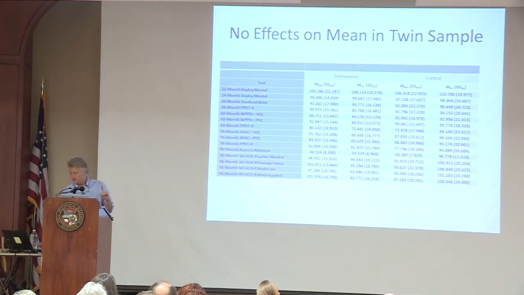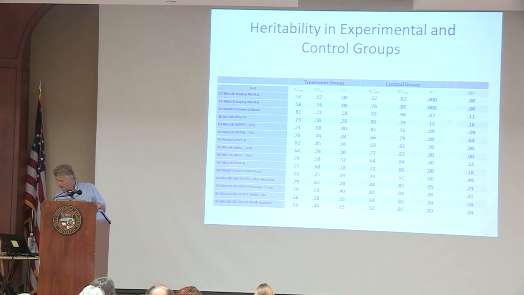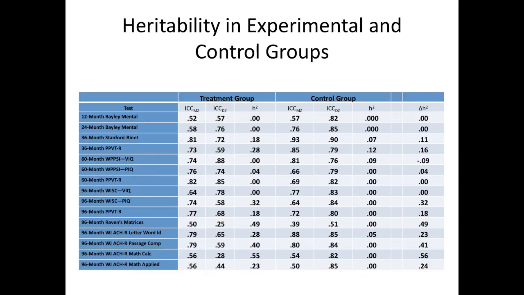It had a very interesting effect. In these 80 or 90 twin pairs, we can ask, what happened to the heritability of intelligence, the difference in similarity between the MZ and the DZ twins in the enhanced treatment group and the unenhanced control group? And lo and behold, that's exactly where the effect turns up.